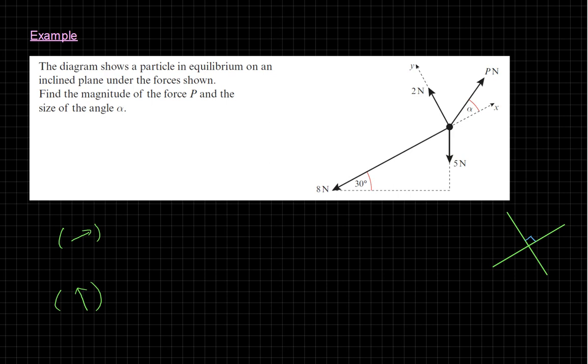Well, we'll have the 8 newtons going down. Okay, that's this -8 here. We will have a component of the 5, right? What are these going to be, actually? That's a good question we need to briefly answer.